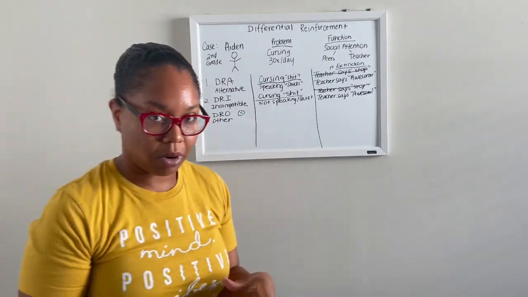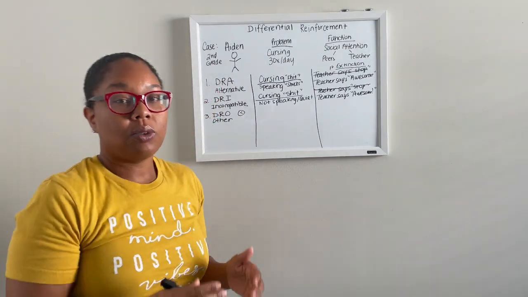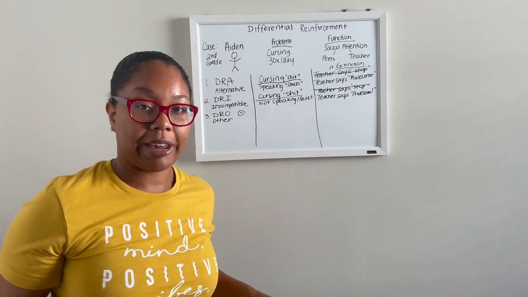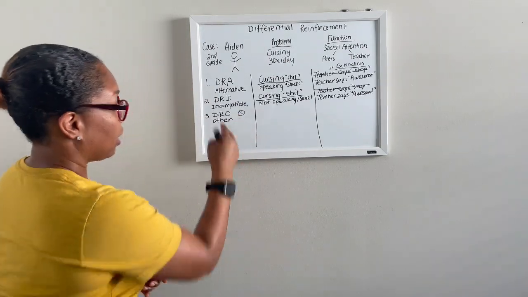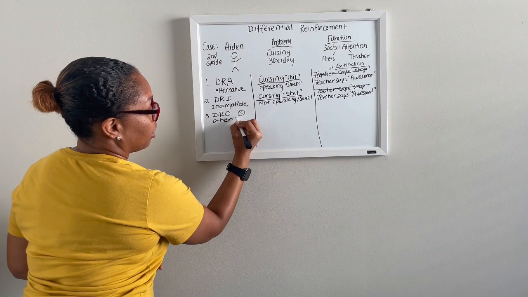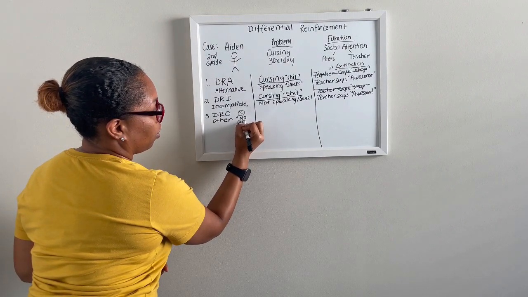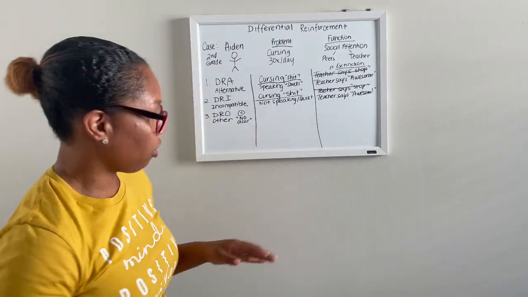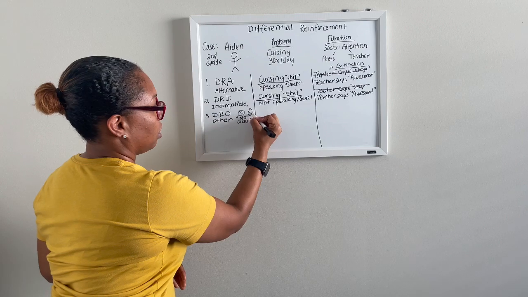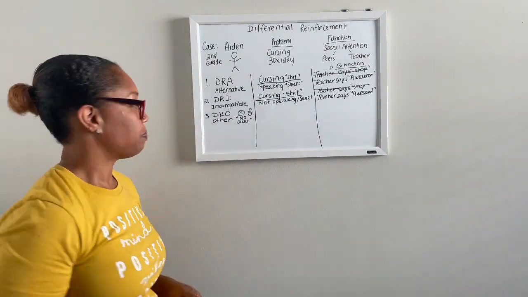There's a time component of it. Not only is there a time component of it, the reason why it's DRO is because the behavior is not allowed to occur in this time component. So we've got the time component, and then here's the key word: no occurrence, not happening, zero, nada, right? Or how about this? It's not going to happen, okay?